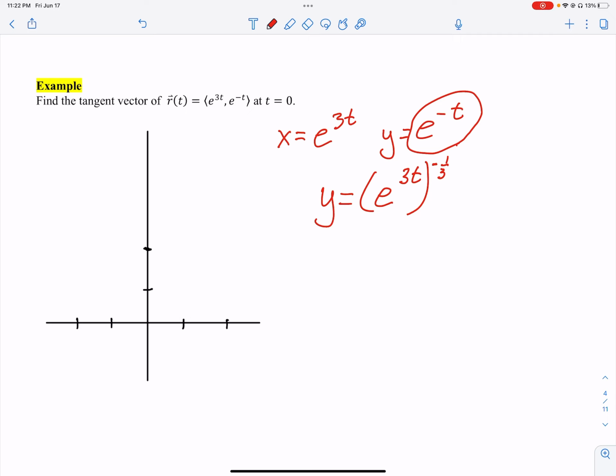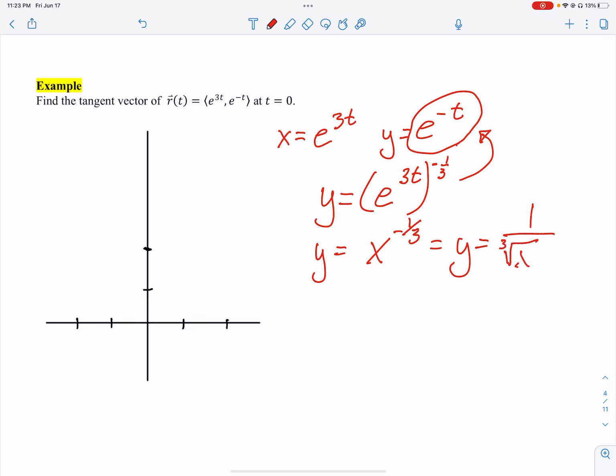Notice if I multiply that back, it gets back to that. Since I didn't change it, I just made it where if I multiply back, I get back to the original problem I had, I can now replace e to the 3t with x. I forced that substitution to happen. This is y equals 1 over the third root of x.